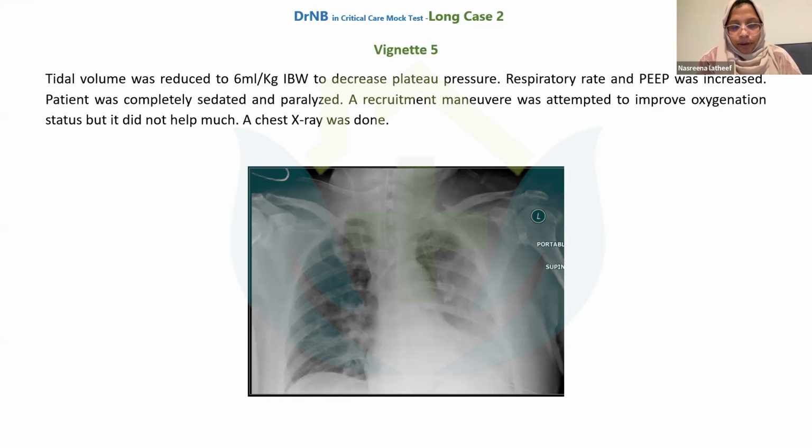If still no improvement, then I will go for prone ventilation for 16 hours. Even after this, if there is no improvement, then I have to consider extracorporeal membrane oxygenation.